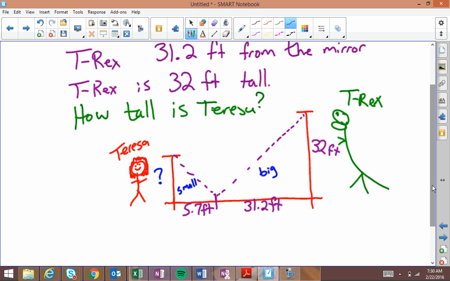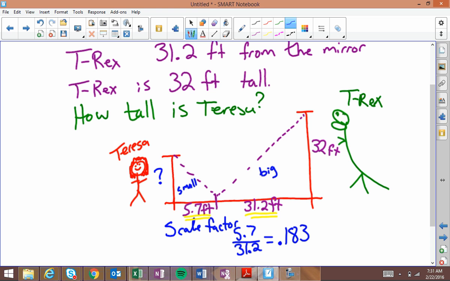Okay, for my scale factor, I'm going to take my 2 corresponding sides that I know, which is the 5.7 feet and the 31.2 feet. To find my scale factor, I have my small triangle, that's the piece I'm missing from, so I'm going to take that side of the 5.7, and I'm going to divide it by my corresponding side, 31.2, and this will give me my scale factor, 0.183.